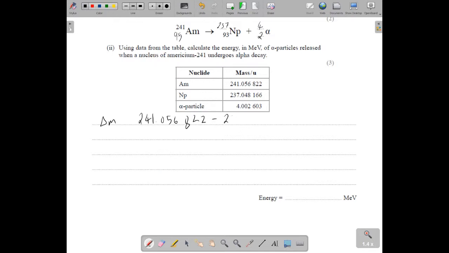subtract, and then you take away the other masses. Right, pardon my handwriting here, but here are the steps.